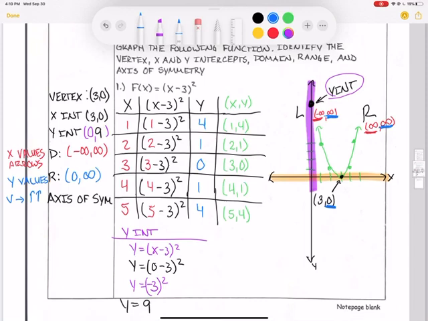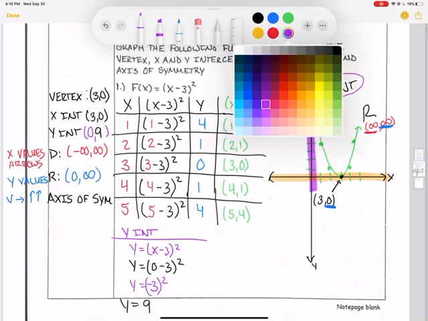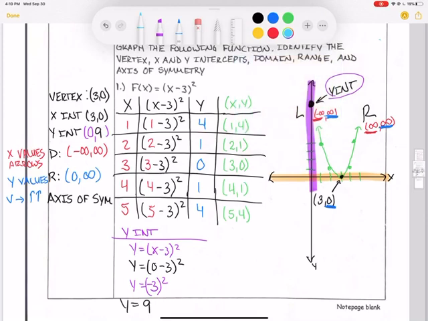The axis of symmetry is the vertical line that cuts the graph in half, which you don't see on the graph, but you can create by drawing a vertical line cutting this graph in half. And the vertical line is always written as the equation of x equals wherever the x value is on that x-axis. In this case, it is 3.